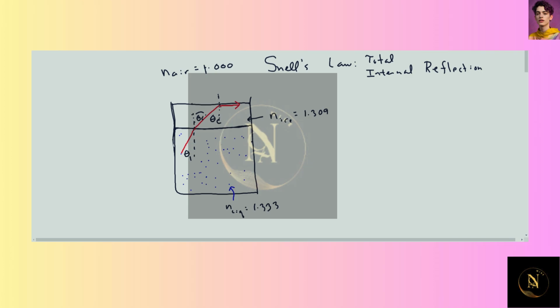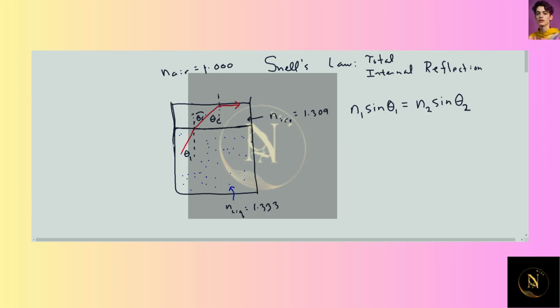It says that between two sides of an interface, the index on one side times the sine of the angle with respect to the normal is the same product of index and sine of angle on the other side. Now, what can happen if one of the indices is smaller than the other?